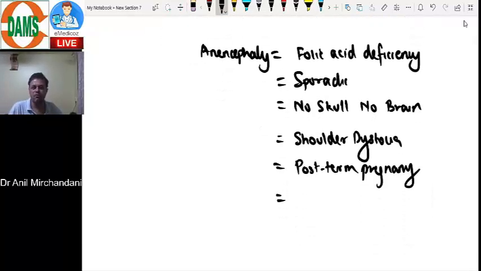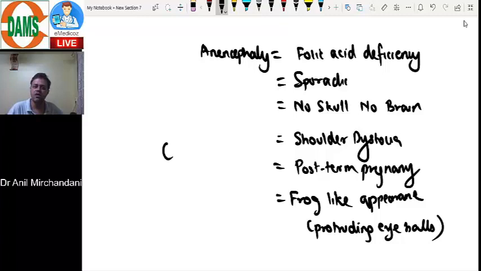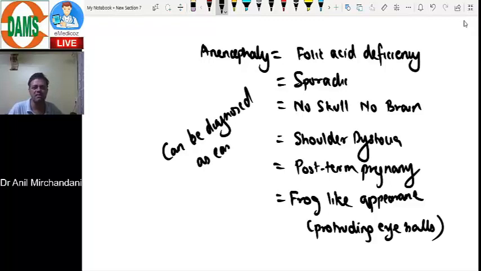Frog-like appearance, there will be protruding eyeballs. Mickey Mouse appearance, frog-like appearance. These are names given for anencephaly. Now, anencephaly can be diagnosed as early as 10 weeks in USG.